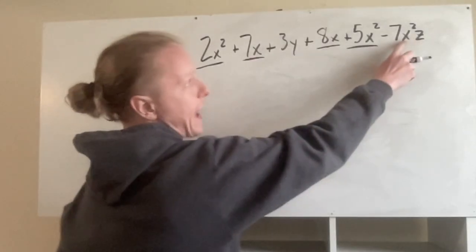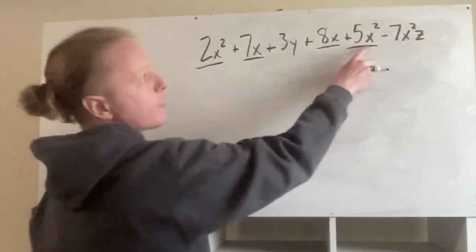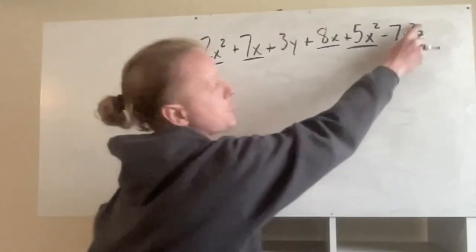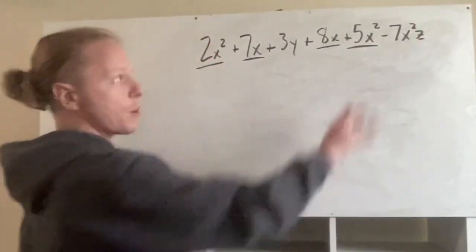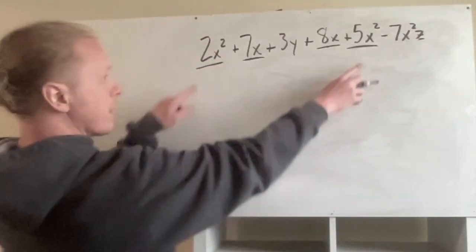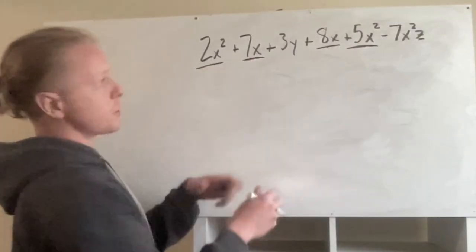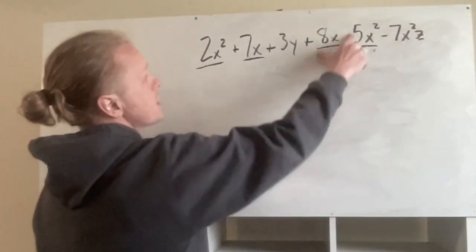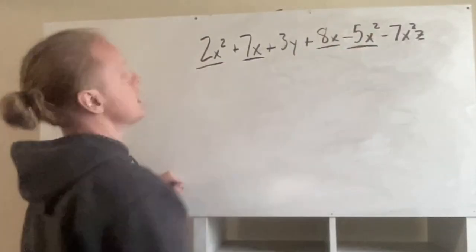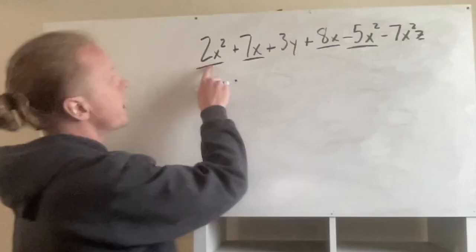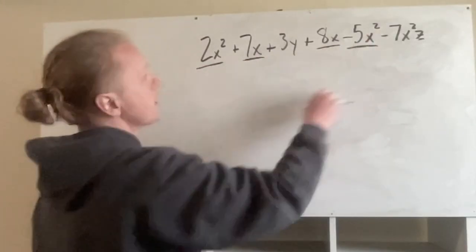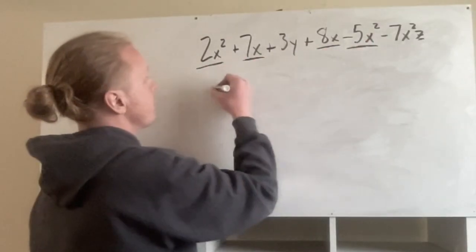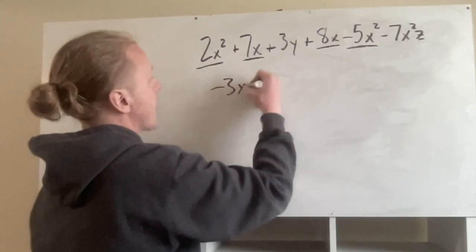Notice x squared z is not a like term with x squared. This is an x squared z term. So there's no other x squared z terms, but we have two x squared terms and two x terms. So all we're going to do is add those up. Let's actually change this to a minus. So 2x squared minus 5x squared. Well, 2 minus 5 is negative 3. So negative 3x squared.